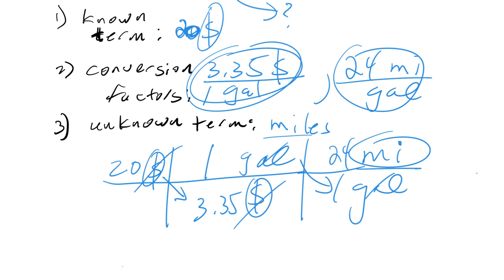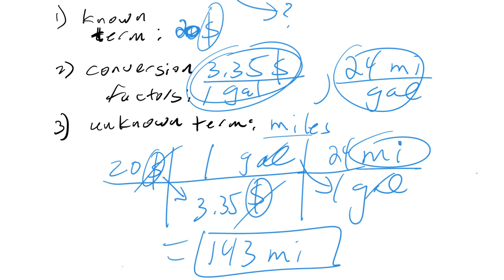So my answer is 20 divided by 3.35 times 24. So I get 143.28. I'll just round it off at the decimal point. So they'll be able to travel 143 miles after paying $20 for that gas.